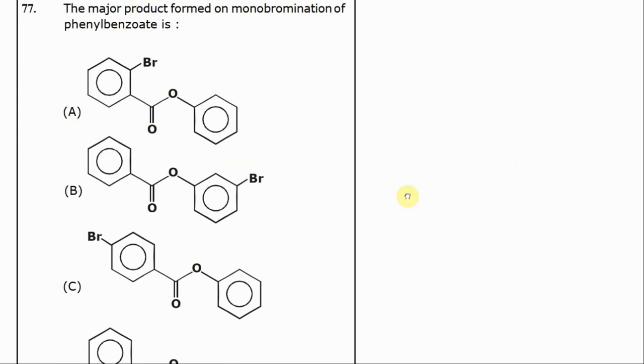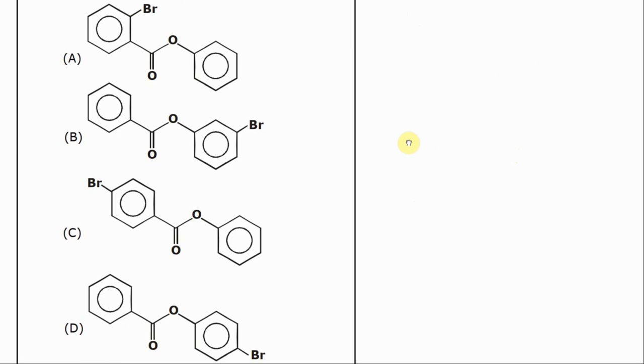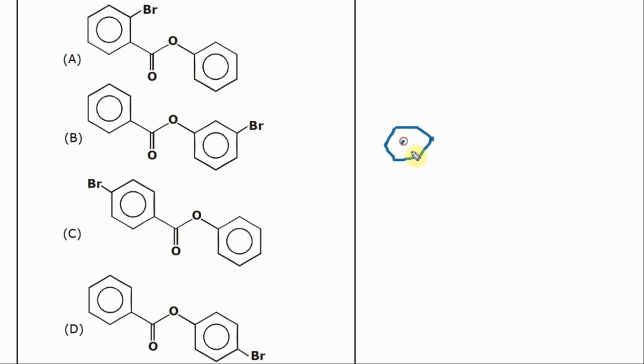Okay, major product formed on monobromation of phenyl benzoate. Alright, phenyl benzoate. I actually did this example in class, it's in your notes. This is what we have. Now this is a minus R group, so I feel the minus R here, minus R here, minus R here. I feel minus I here and minus I here.